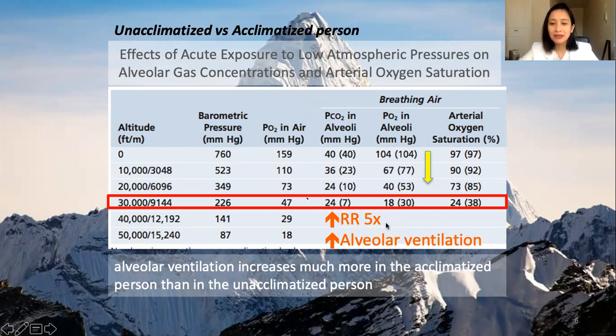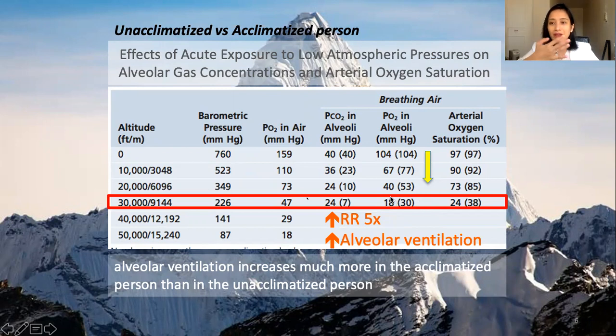This increase in respiratory rate increases alveolar ventilation, and because of this, the partial pressure of oxygen in the alveoli in an acclimatized person is higher compared to unacclimatized persons. That's why they're able to stay in the higher altitudes for longer periods of time.